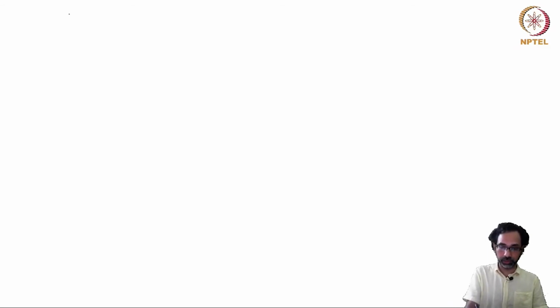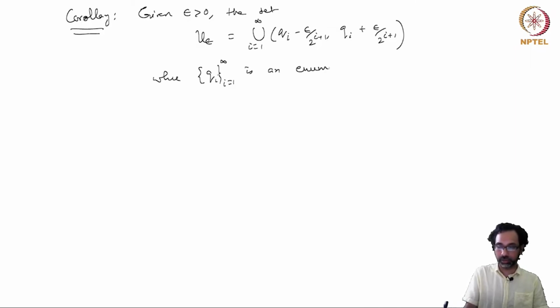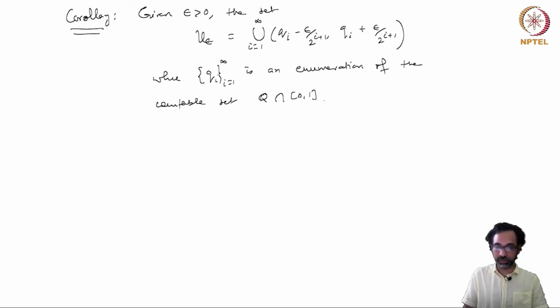So one corollary is that, given epsilon greater than 0, the set U epsilon, which is equal to the union, i equal to 1 to infinity, of the intervals (q_i minus epsilon by 2 to the power i plus 1, q_i plus epsilon by 2 to the power i plus 1), where q_i, i equal to 1 to infinity, is an enumeration of the countable set of rational numbers inside [0,1].